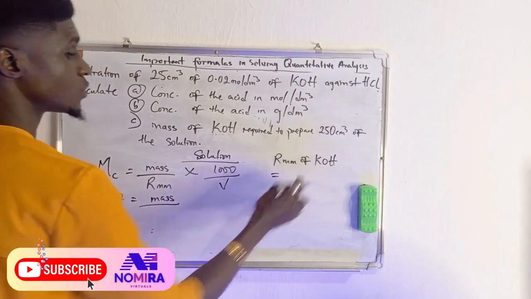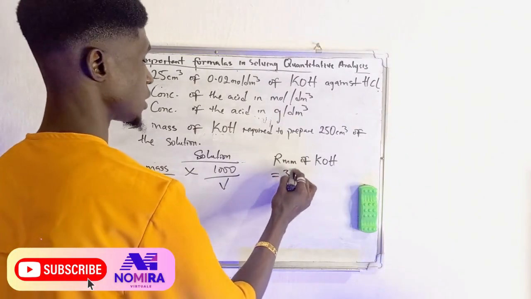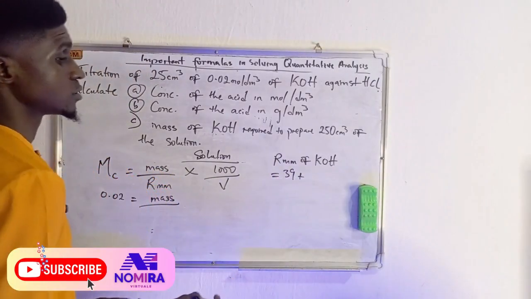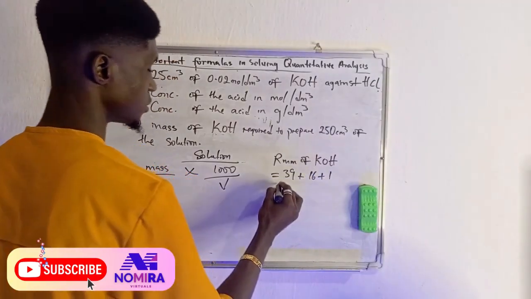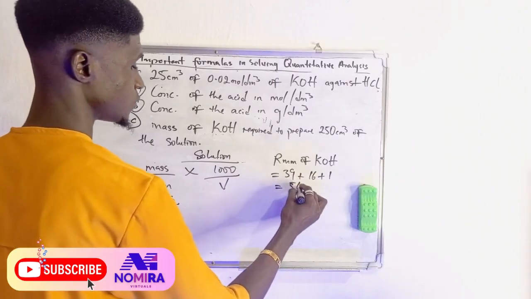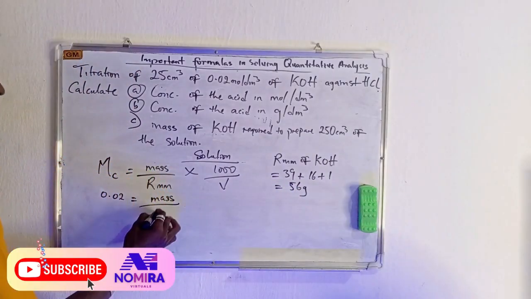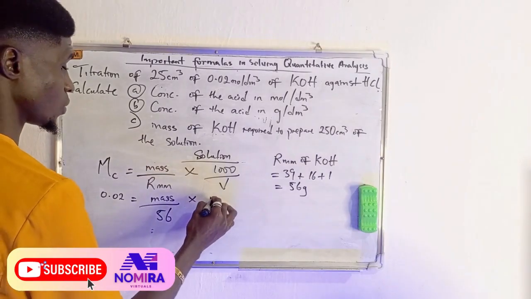The relative atomic mass of potassium is 39, for oxygen it is 16, and hydrogen is 1. This is 40 plus 16, that is 56 gram, right?